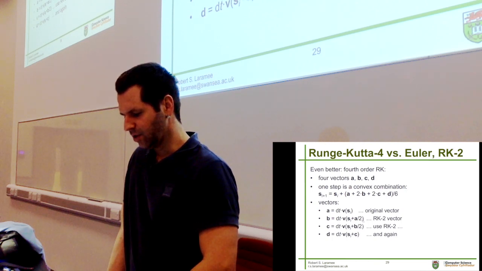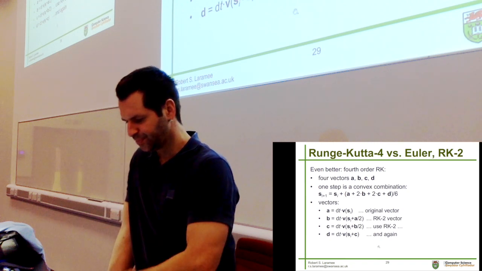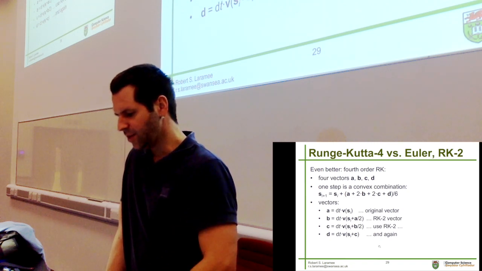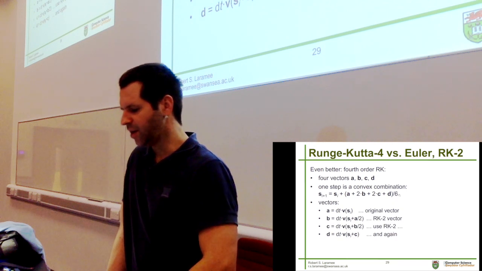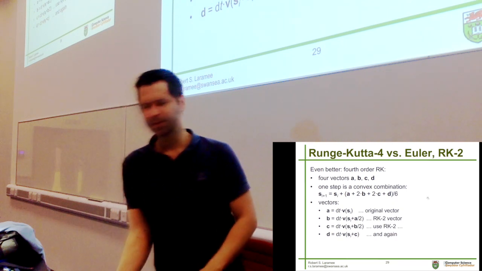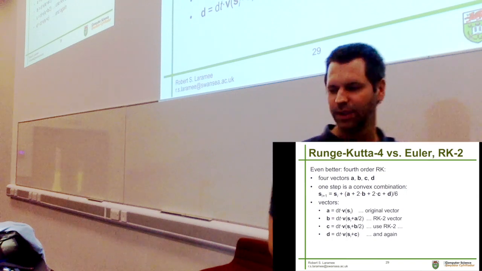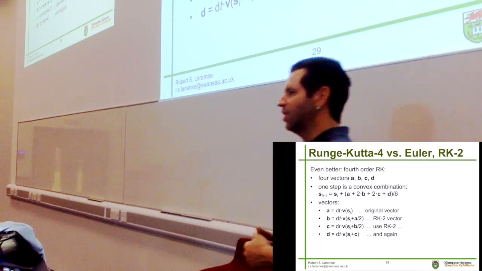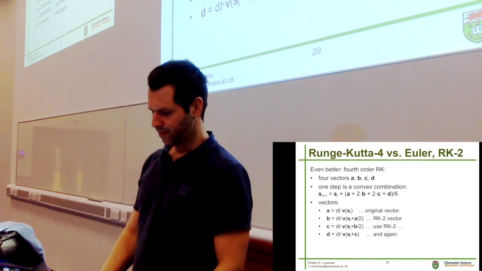So it's using the Runge-Kutta 2 vector 3 times. And then taking the whole thing and dividing it by 6. And it's even more accurate than the previous 2.